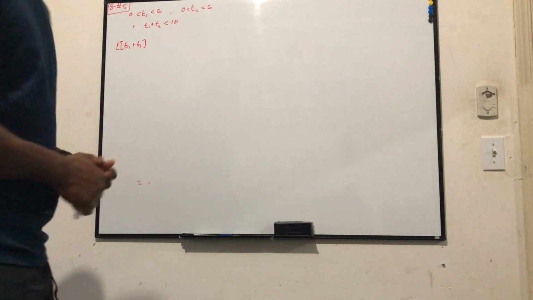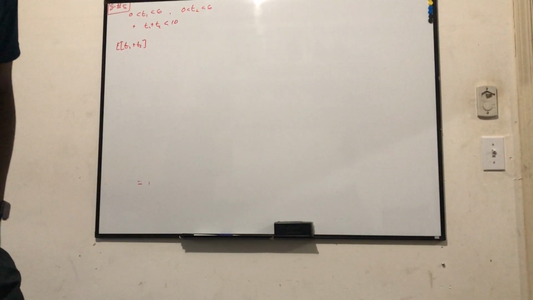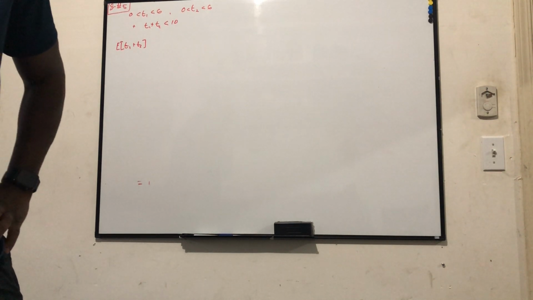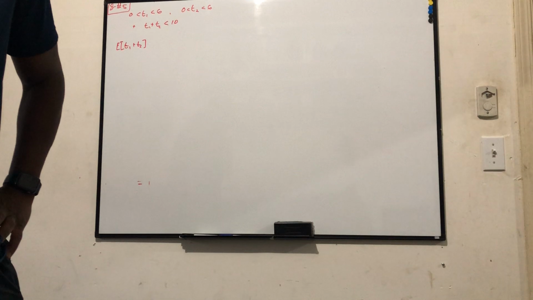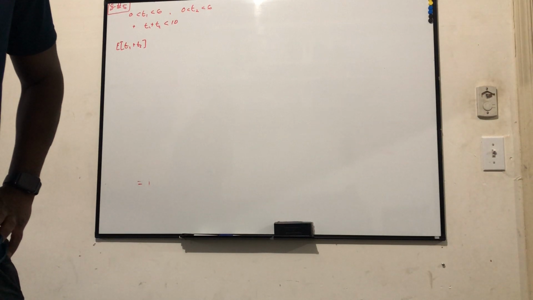So anyway, this is SOA number 8, problem number 5, and it says, let T sub 1 be the time between a car accident and reporting a claim to the insurance company, and then T sub 2 be the time between the report of the claim and the payment of the claim.